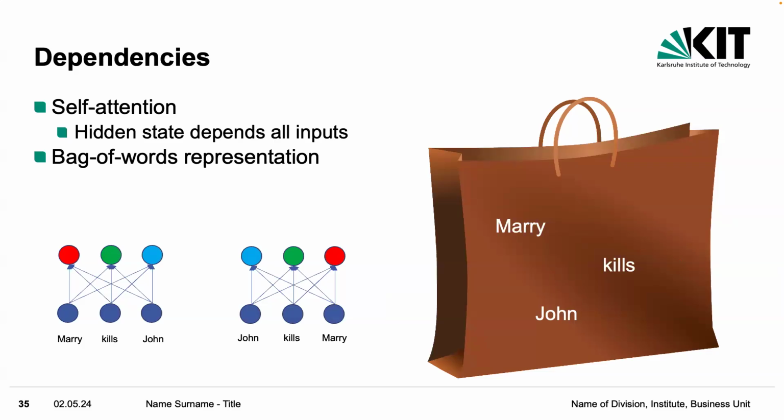Mary kills John has a very different meaning than John kills Mary. And somehow you should have this type of interpretation in there. Otherwise, we could just average everything and just do an MLP on top of that, and that's it.